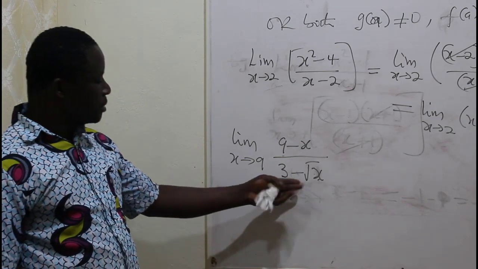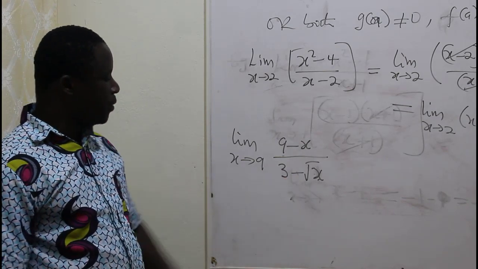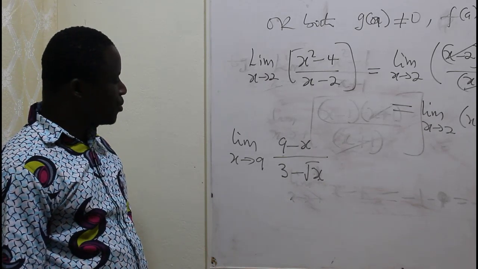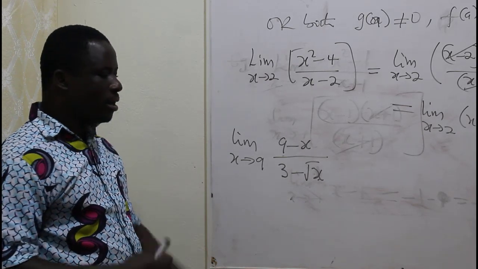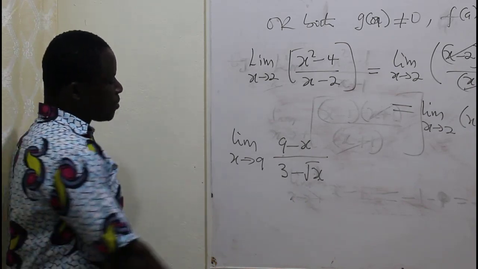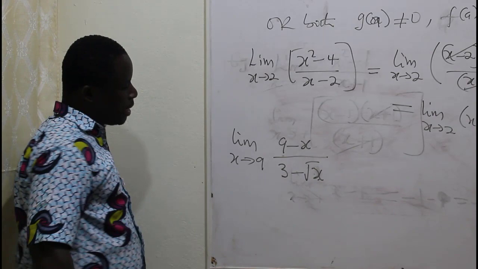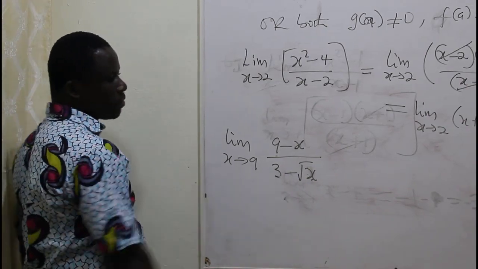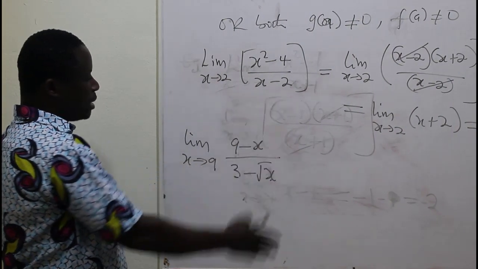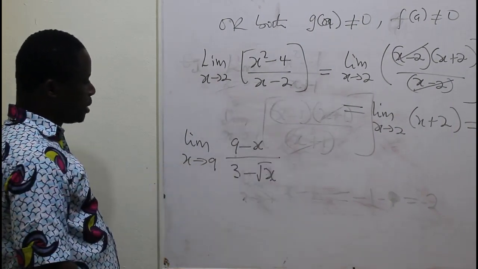But this one, we apply your knowledge from SHS, where you were doing what we call rationalization. To rationalize the denominator, you look for the conjugate of the denominator, then you multiply both numerator and denominator by the conjugate.